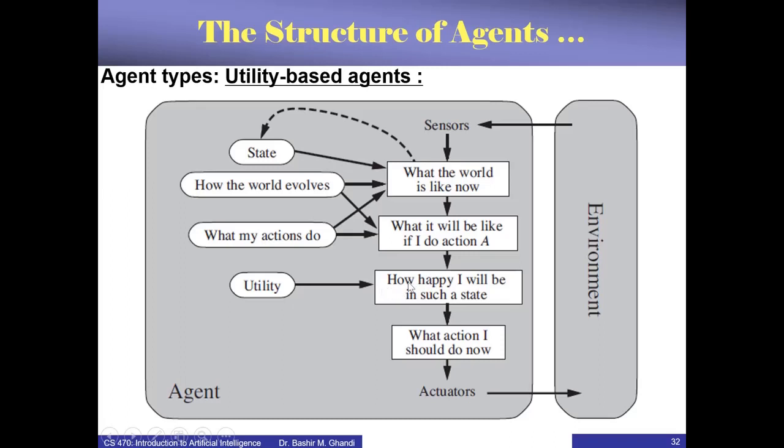No, by how much will I achieve the goal? This is basically what the utility function will do. Okay, so based on that, then it will know what action to take, and it will direct its actuators to actually perform that action.